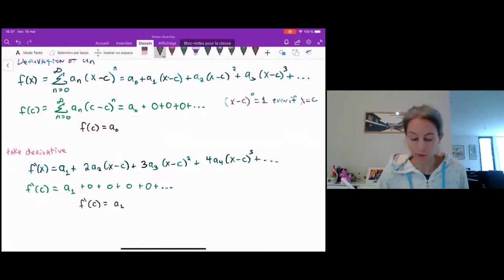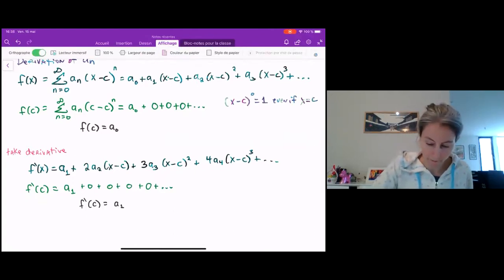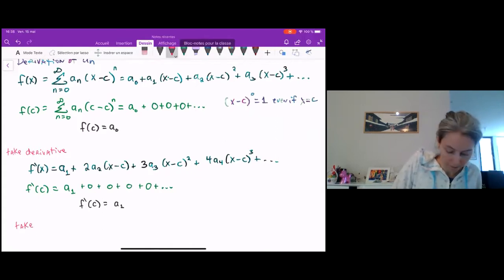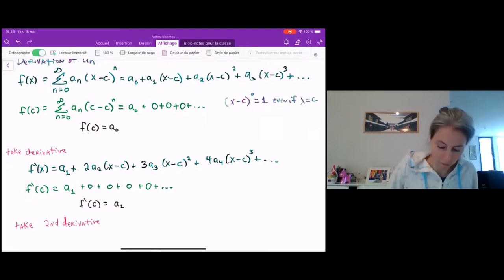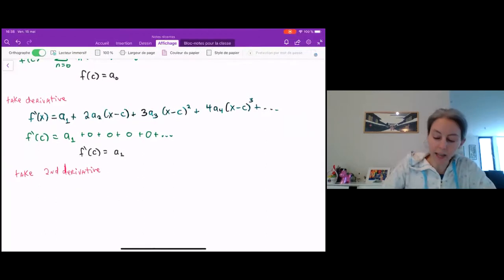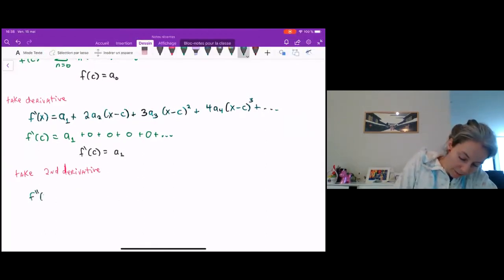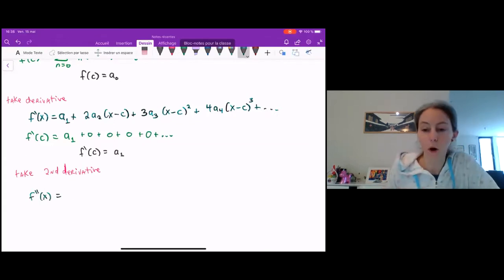Now let's take the second derivative. Okay, so if I do my second derivative, f double prime of x, well, the derivative of that a1 is 0.